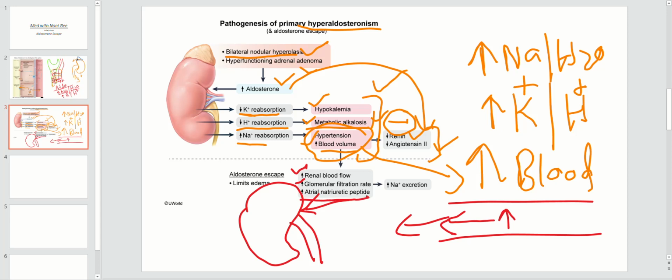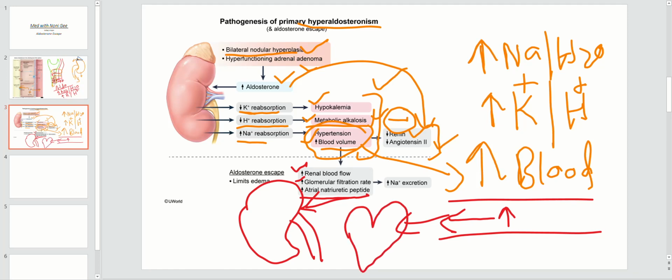So this atrial natriuretic peptide is coming from your heart. So inside the heart, what is happening? Let me draw the heart over here. Inside the heart, you have this atrial peptide or brain natriuretic peptide, right?